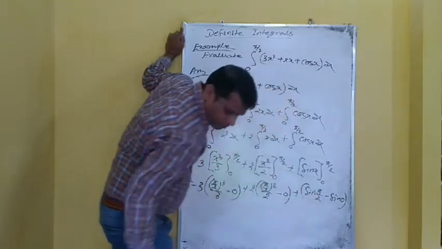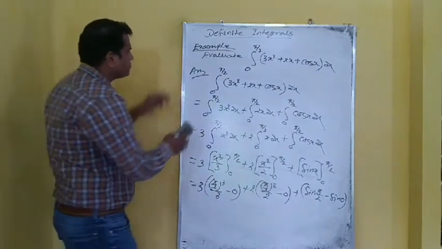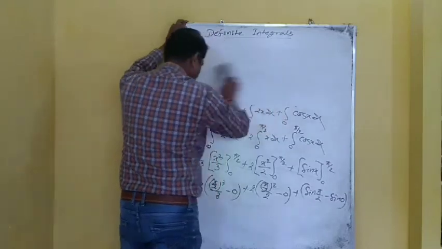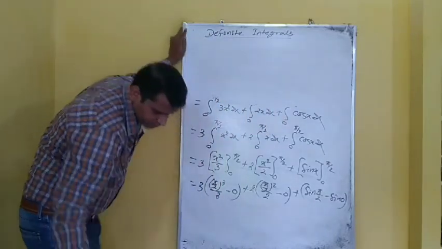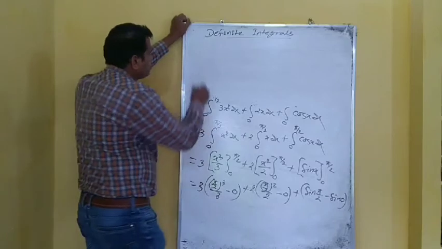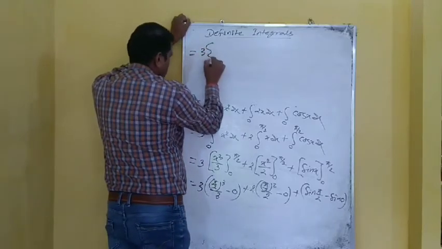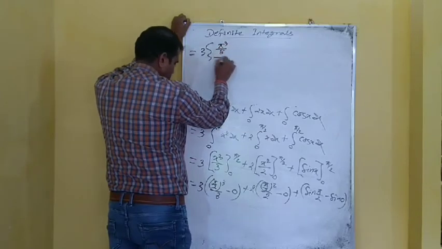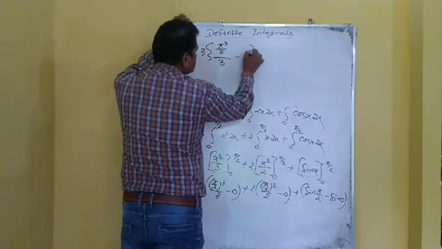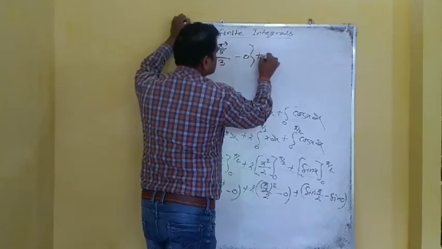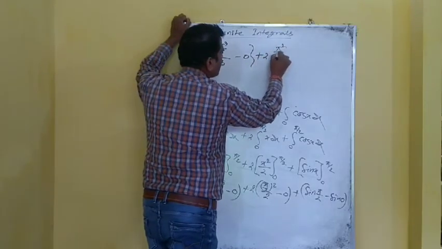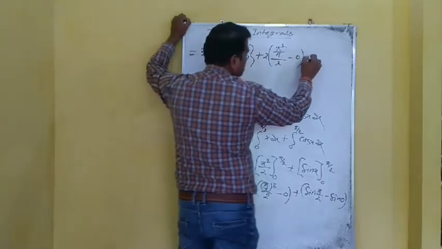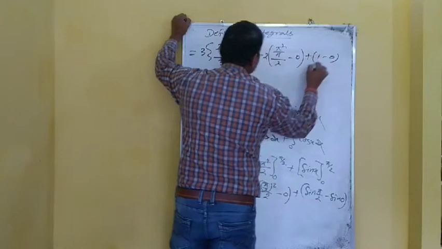Then 3 times pi cube by 8 by 3 minus 0, plus 2 times pi square by 4 by 2 minus 0, plus 1 minus 0.